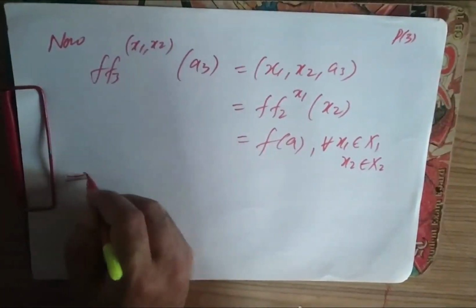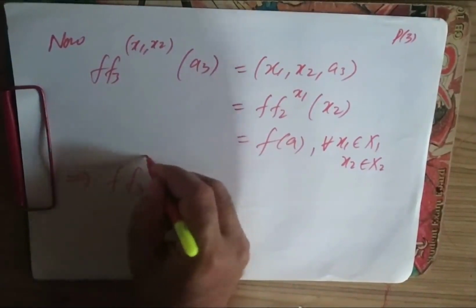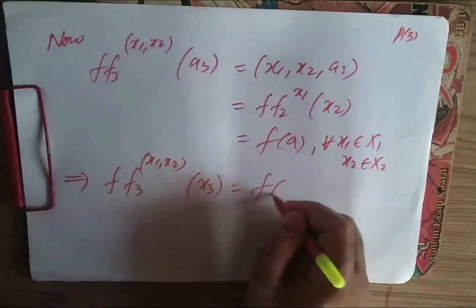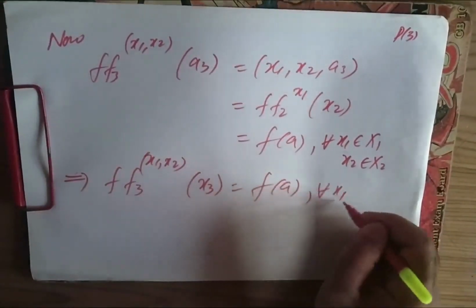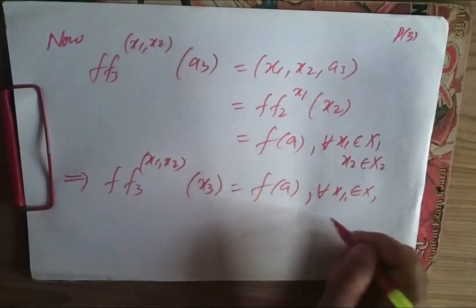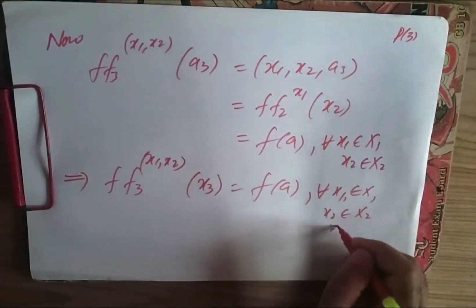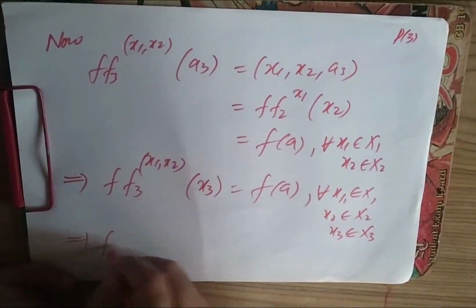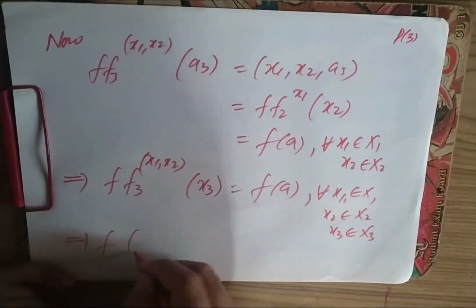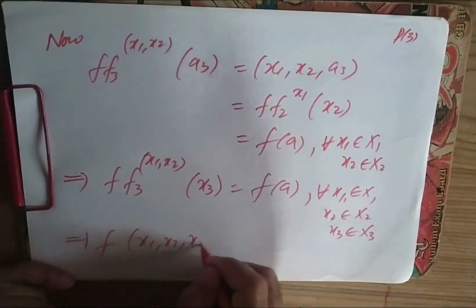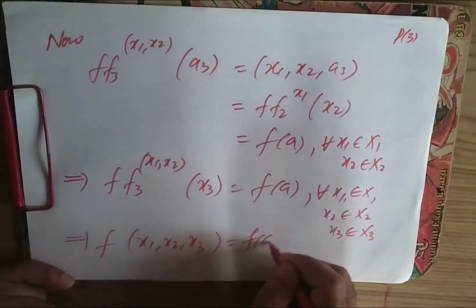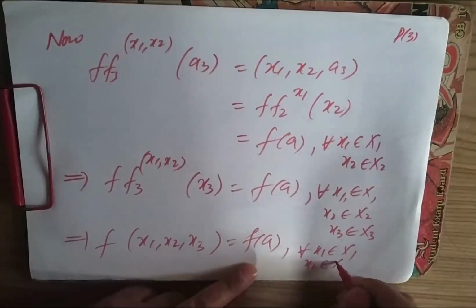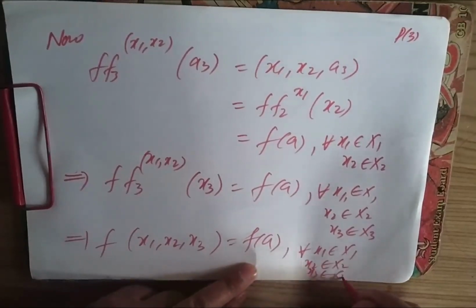So which implies that f of f3 x1 x2 at x3, which is f of (x1, x2, x3), is equal to f of a for all x1 belonging to X1, x2 belonging to X2, x3 belonging to X3.